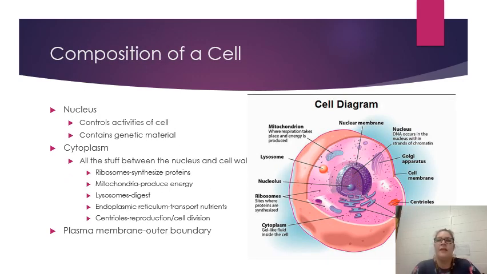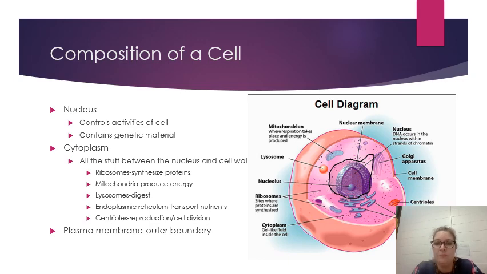A cell, the anatomy of a cell, is somewhat complicated, but we're not going to get too terribly in depth with it. The nucleus is going to be this little center part right here. And what that does is it controls the activities of the cell and contains the genetic material for that cell. So the genetic material is what is used to reproduce.